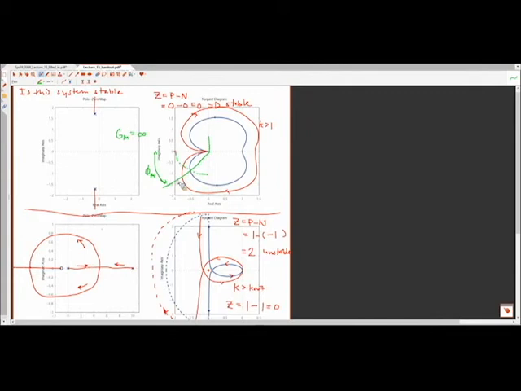So this is a case of infinite gain margin, non-infinite phase margin. Do we only measure gain margins from intersections with the negative real axis? Yeah, because we're worried about the frequency at which the Bode plot or the Nyquist plot crosses negative 180.